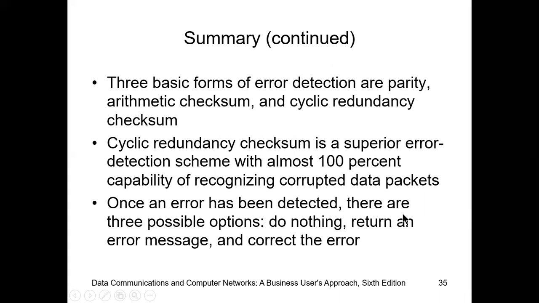But what about detecting? We have seen that to detect an error, you need techniques such as the parity bit, the arithmetic checksum, or the most powerful one, the cyclic redundancy check. All these techniques are very good because they help you detect errors in the message and report back that the message received is not the one that was intended. So with these techniques, there's some guarantee that what is received on the other end is what was intentionally sent by the source computer.